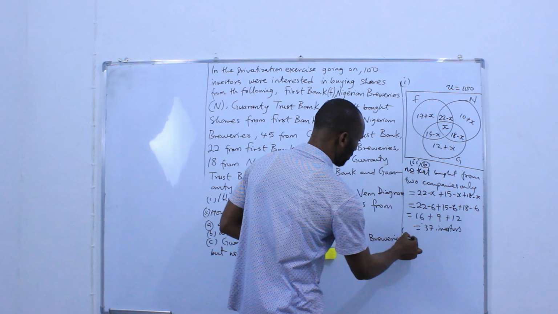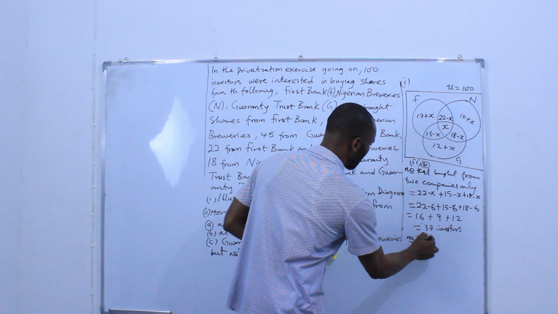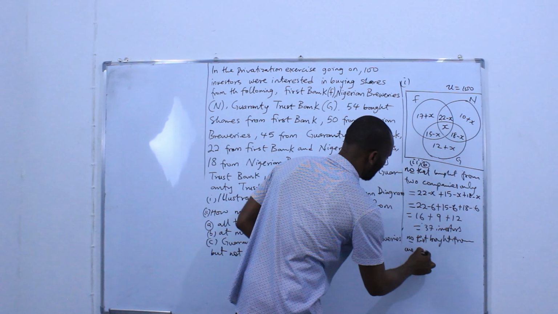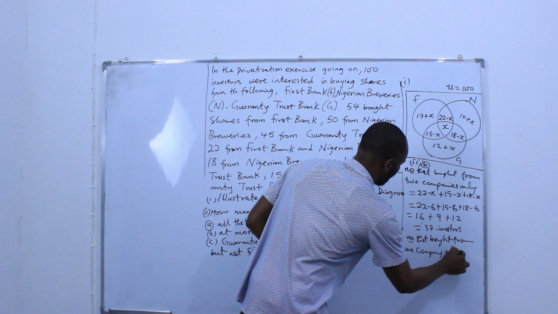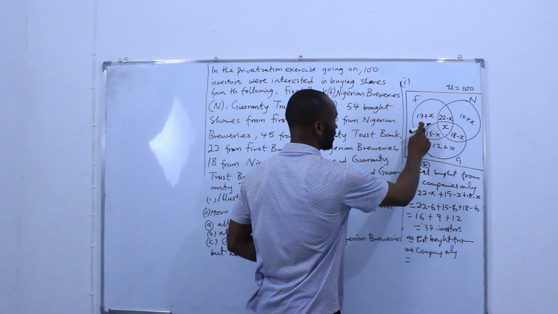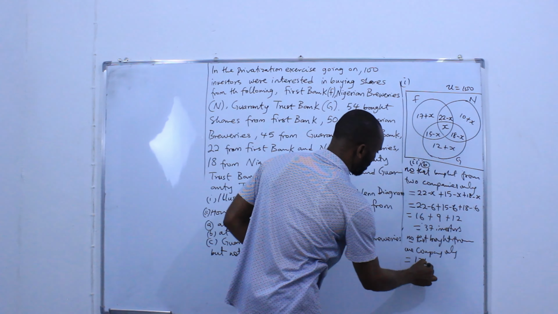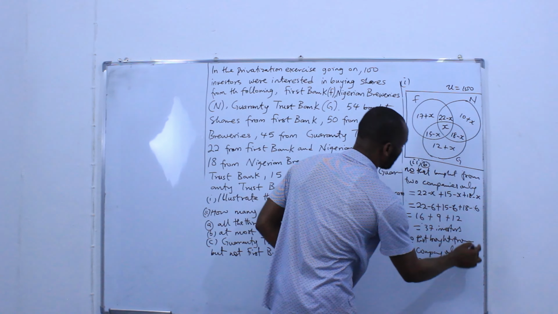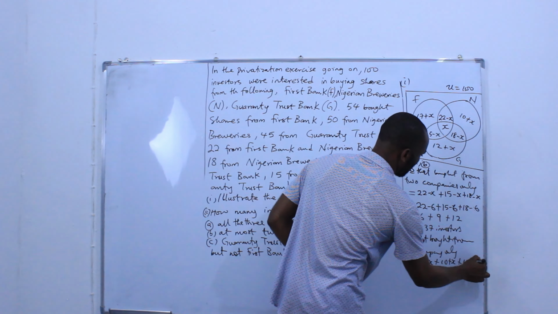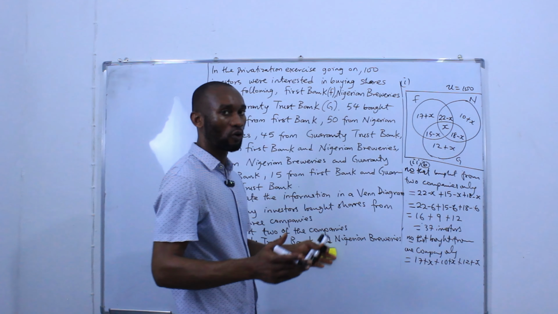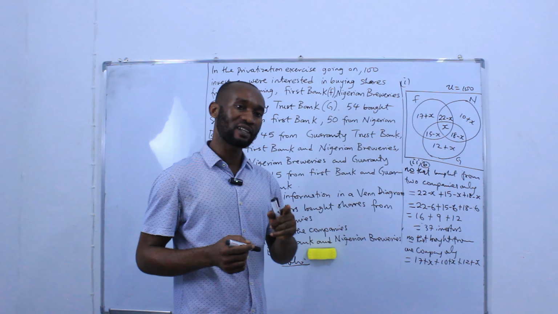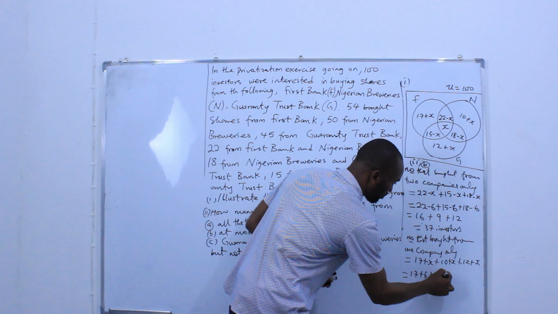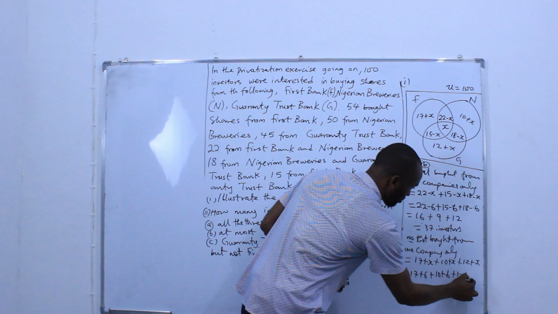And then the number that bought from 1 company only is the portion here bought from F only. The portion here bought from Nigerian Breweries only. The portion here bought from Guarantee Trust Bank only. So we remember that the value of x is equal to 6. So we have 17 plus 6 plus 10 plus 6 plus 12 plus 6.